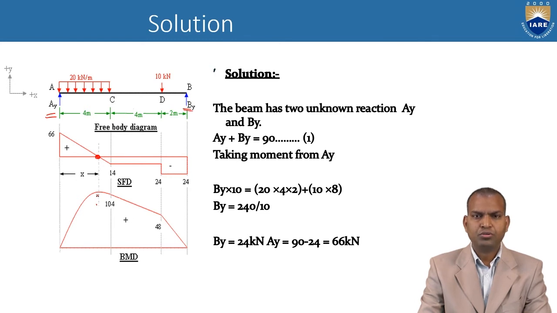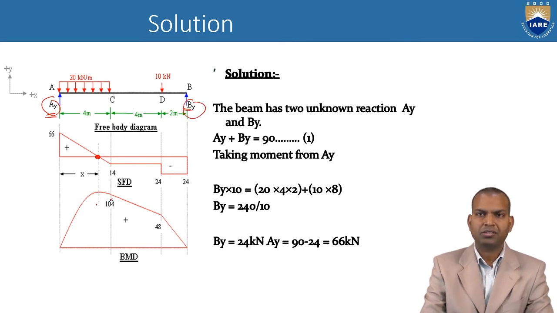By using those two equations, we find the reactions at supports A and B. The reaction at A is denoted by Ay in the vertical direction, and here it is By in the vertical direction.